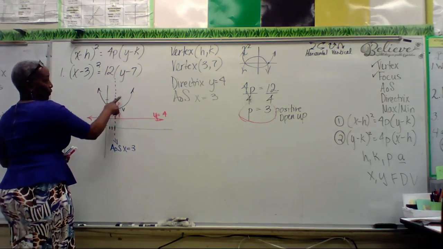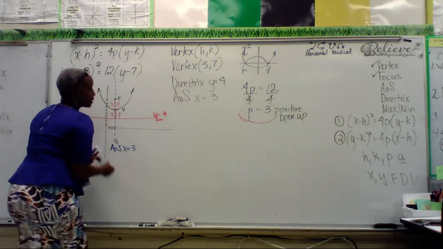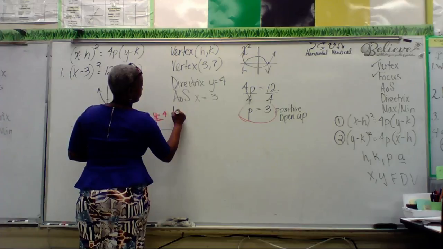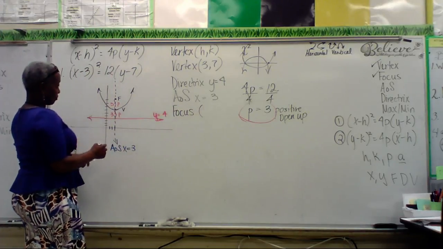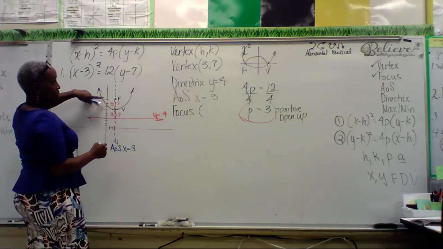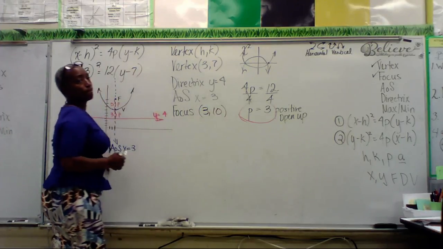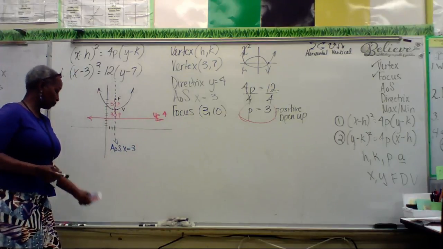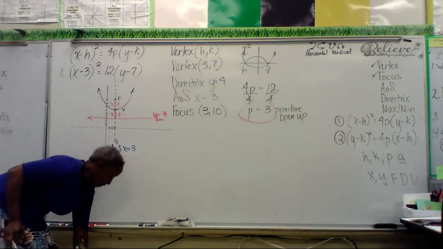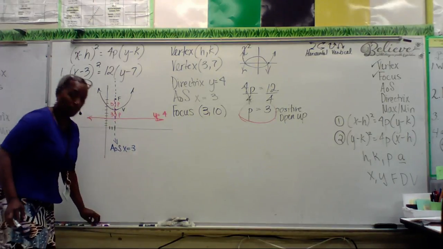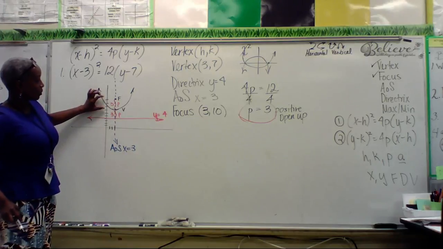And of course the vertex and the focus are, oh, so I have to write the focus. What is our focus, class? 3 comma 10. Why did you say 3 comma 10, Gabriel? You went up 3 and it ended up on 10.